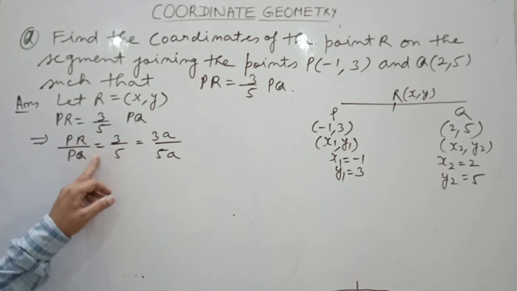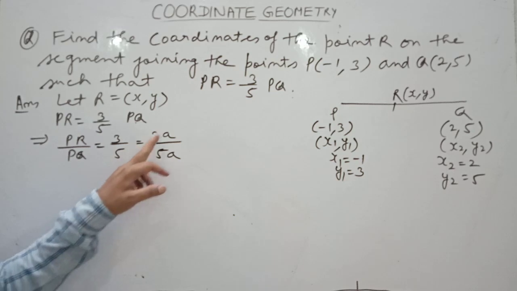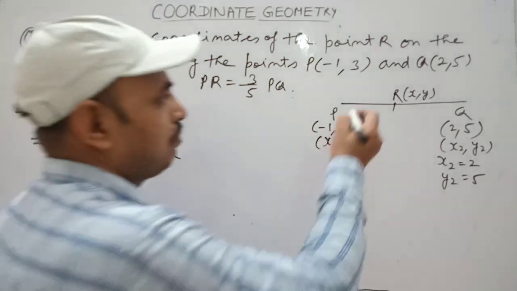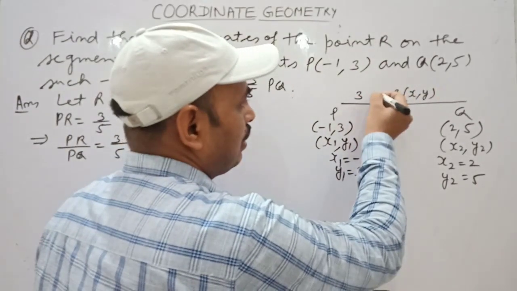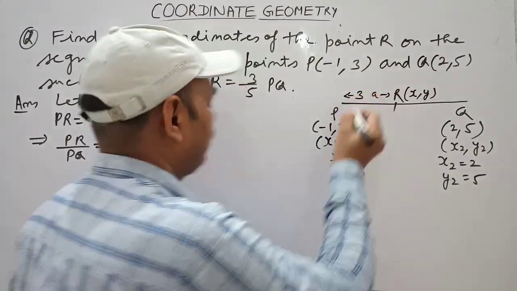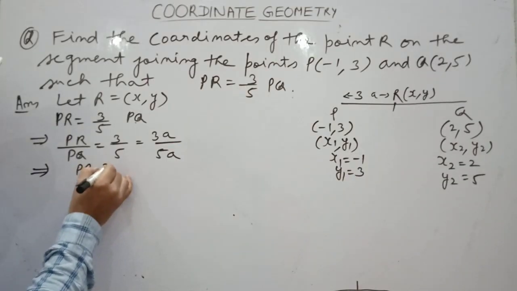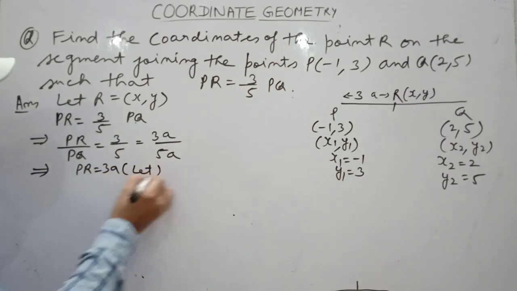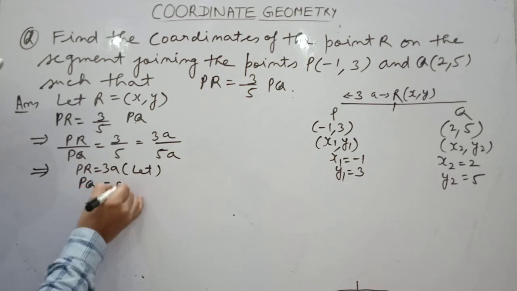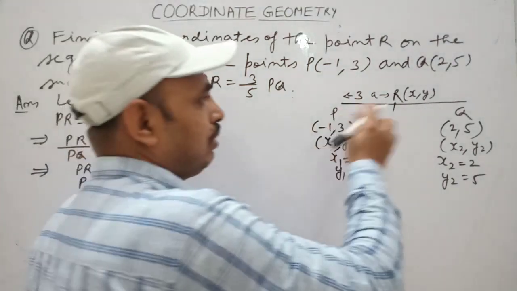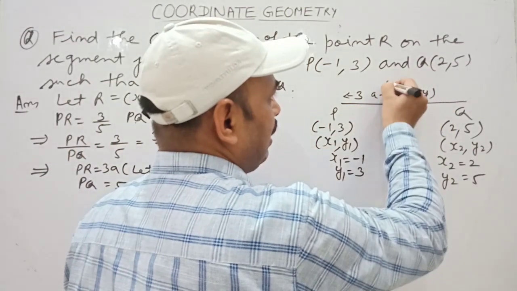So PR upon PQ equal to 3A upon 5A. This implies PR equal to 3A length and PQ equal to 5A length.